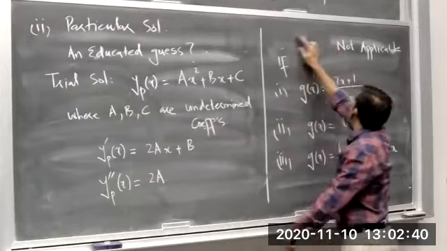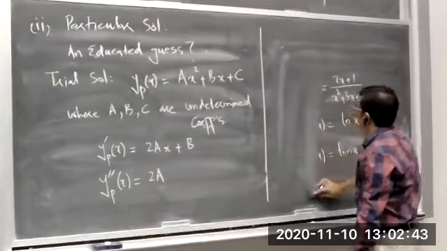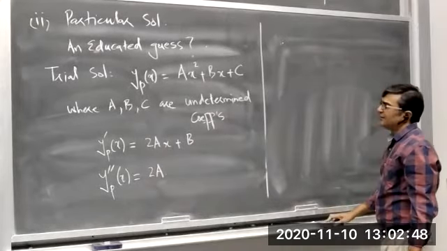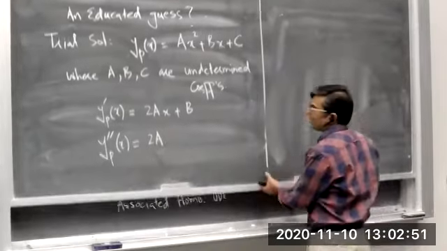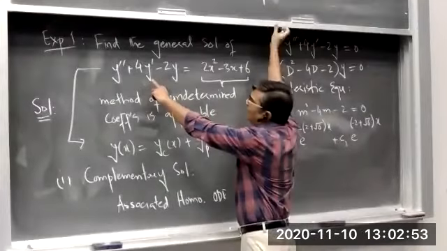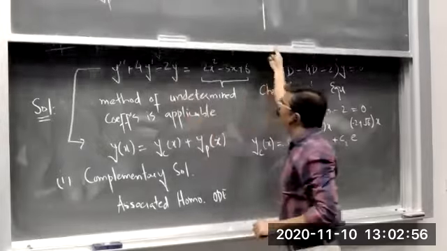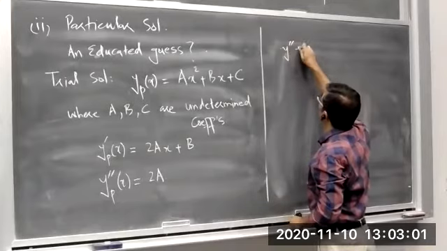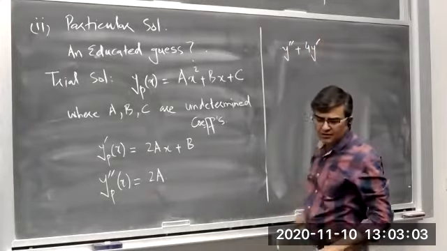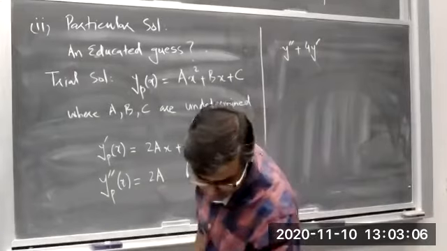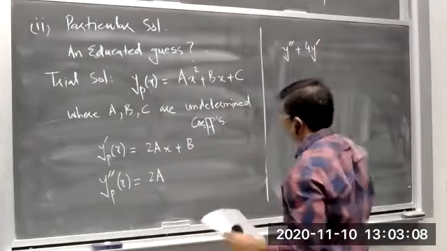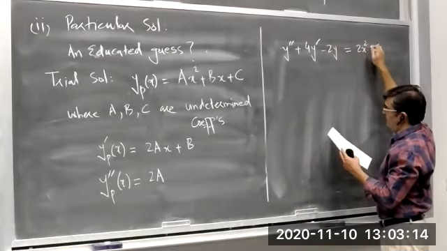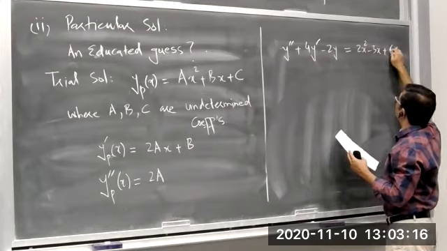Now we have yp dash and yp double dash. We are going to insert these values in the given differential equation and try to find the undetermined coefficients. The differential equation was y double dash plus 4y dash minus 2y equal to 2x squared minus 3x plus 6.